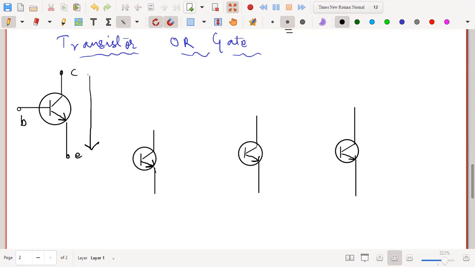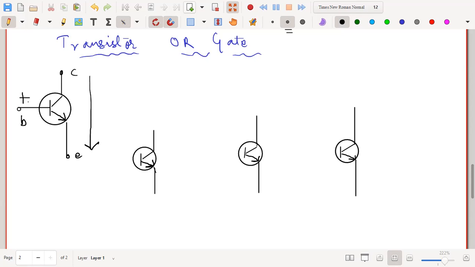The current can flow through the collector to emitter only when you trigger the base with a very small positive voltage, because this is an NPN transistor. The base is made up of P. Even though you forward bias these 2 sections, and suppose you have applied some voltage across the collector and the emitter, still current cannot flow until and unless you trigger the base with a positive voltage.